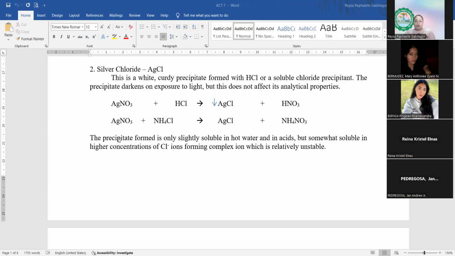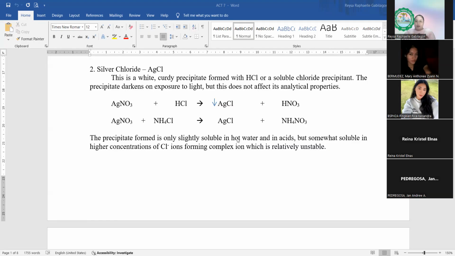Now please take note that the precipitate silver chloride is only slightly soluble in hot water. So please check your answers in the table, under silver, 2-2A, solubility in boiling water. What did you put there? Silver chloride is only slightly soluble in hot water. When you add boiling water to the precipitate, it dissolves, but not completely, so it is slightly soluble.